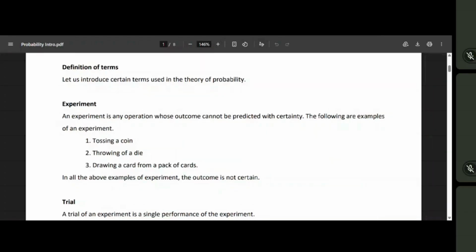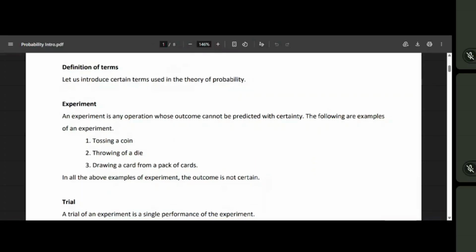So if you toss a playing card, you toss it well. The one that will be on top, middle, or whichever position, you cannot tell it.